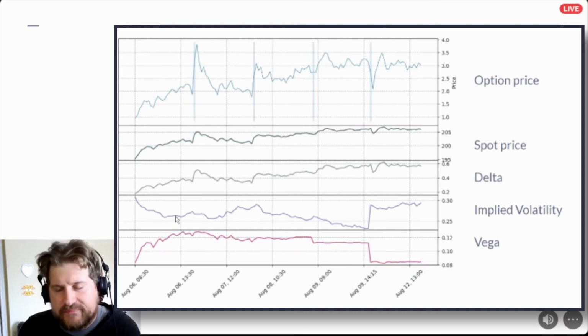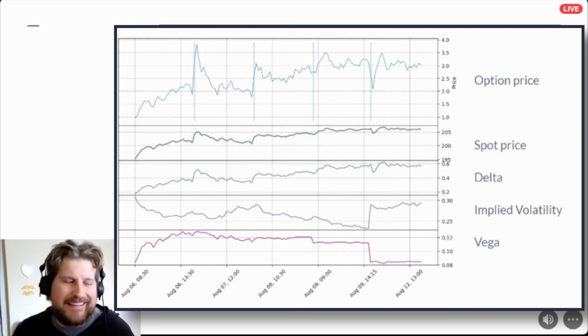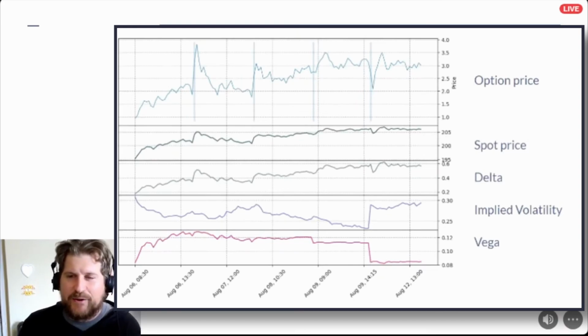And so the fact that those two are moving against one another tells me that the P&L of this trade associated with implied volatility and Vega was small, if not zero. And the reason that that's important is, I think, best demonstrated by thinking about earnings.